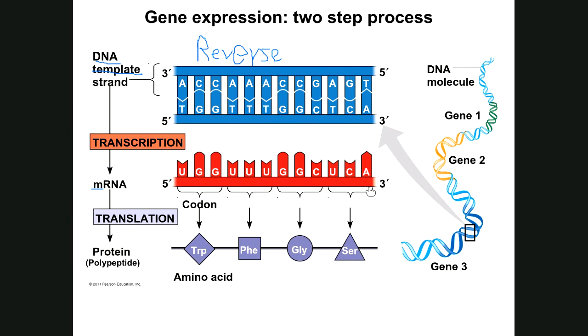So scientists studying genetic information in the form of genes and DNA have to identify which of the two strands is the forward strand, because the forward strand reads almost identical to the mRNA. TGG, keeping in mind U substitutes for T, is UGG. Down here, TTT is UUU, GGC is GGC, and TCA says UGA.